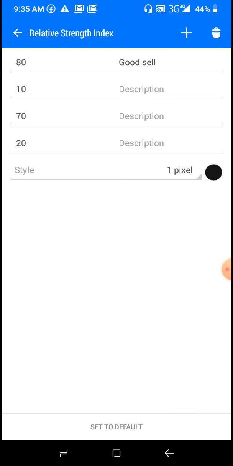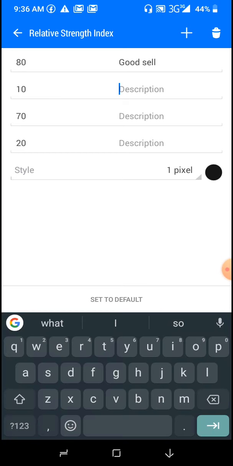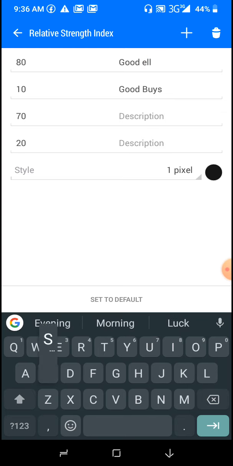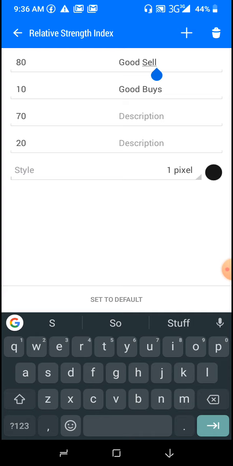So we have our 80 level, which is good for sells, and we have the 10 level, which is good for buys.